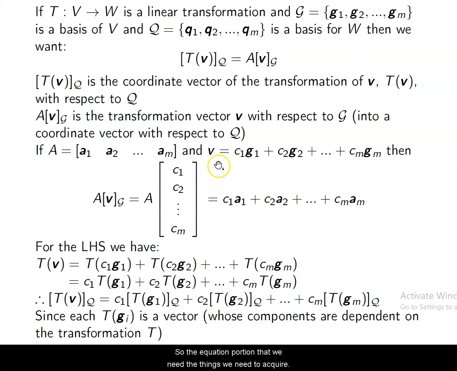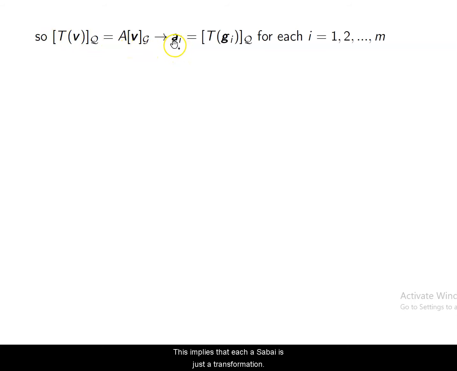So the things we need to equate are the column vectors of A with these transformations of basis vectors written under this basis representation. Okay, so equating these two halves implies that each A sub i is just the transformation of that respective basis vector written in terms of Q. And that's true for each one, right?